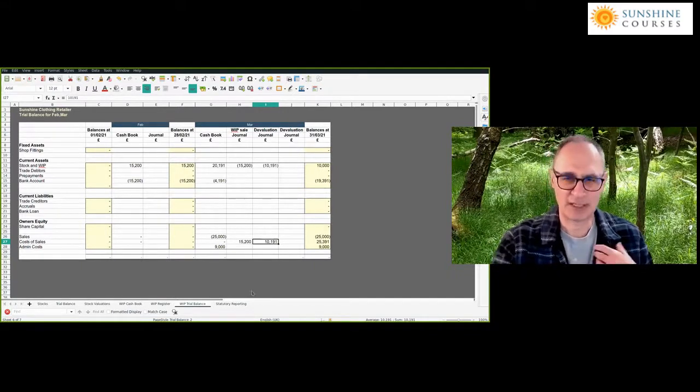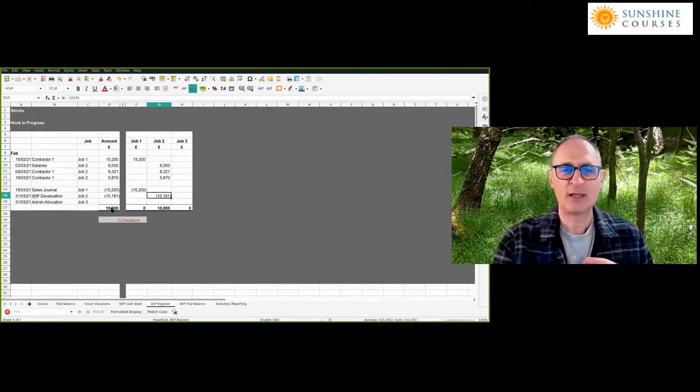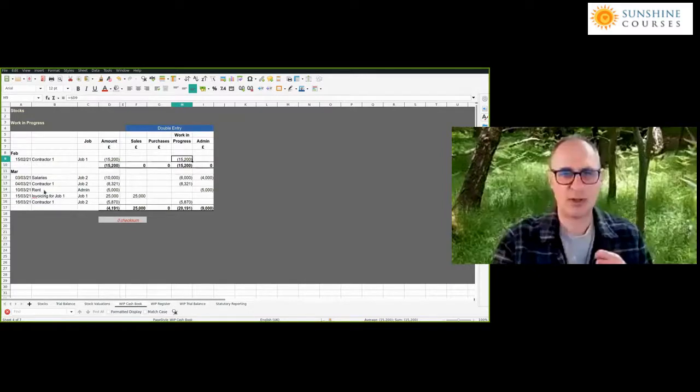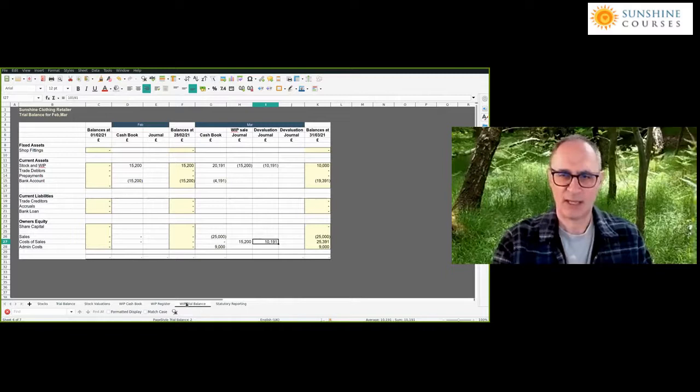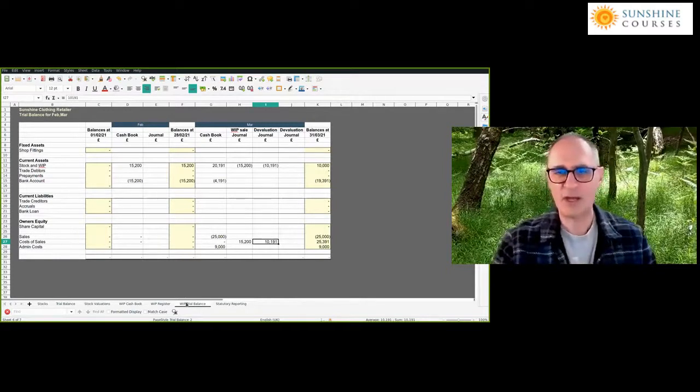And the final thing I just wanted to illustrate that might happen is, in our cash book, if you remember, we spent a certain amount of money on rent and a certain amount of money on salaries. Now, those are overheads. And if you remember, we said we can charge any costs that relate to bringing stock to its present condition and location.